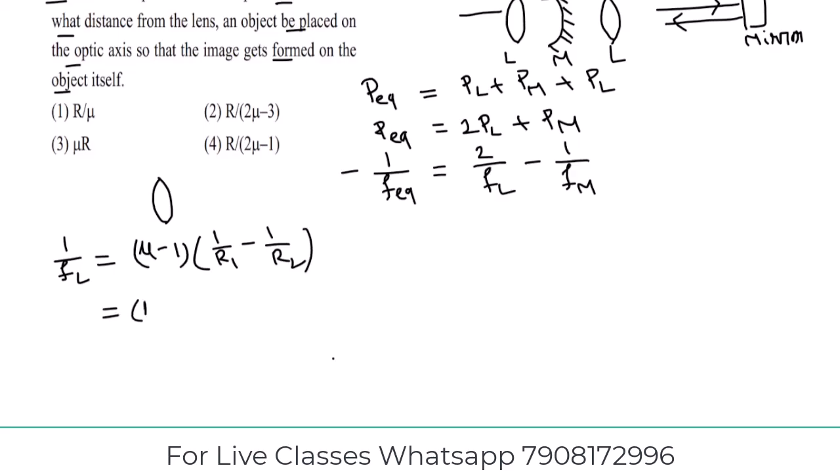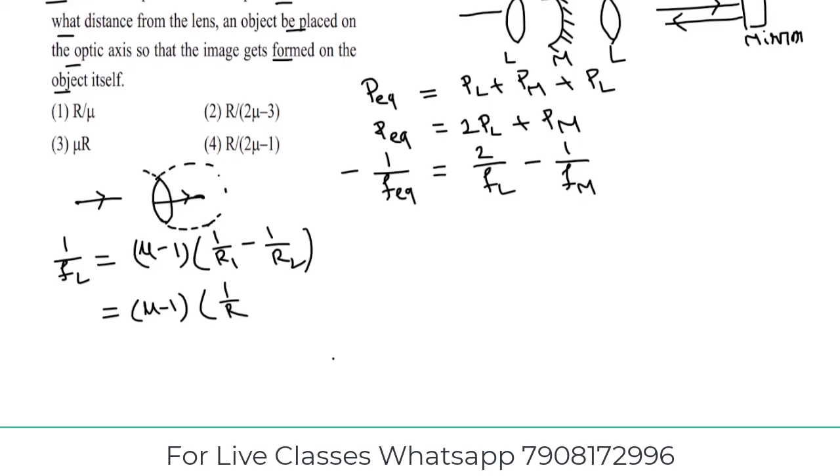Now for R1, the light goes in this direction. If we complete this sphere, the direction is the same as that of the incident line, so R1 is positive, that is R.